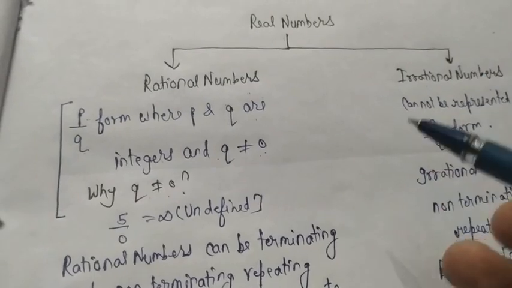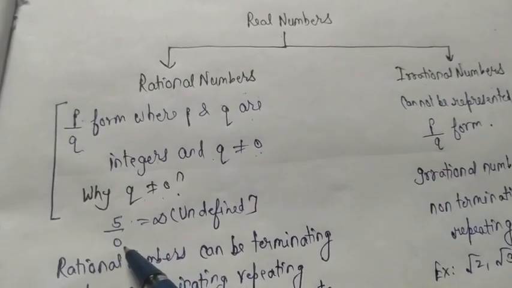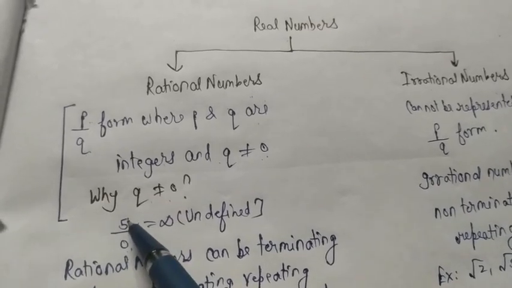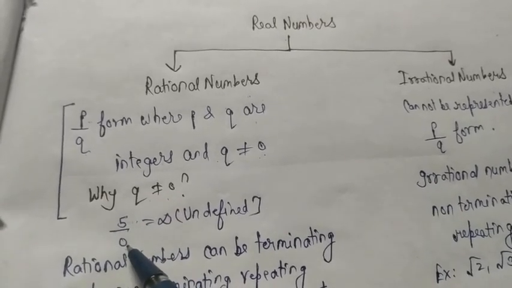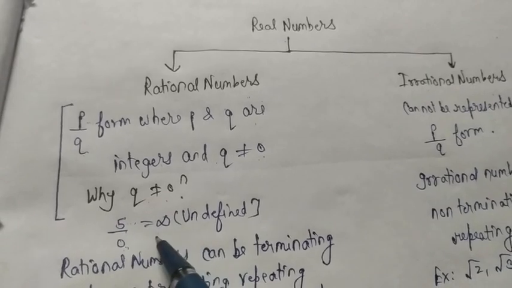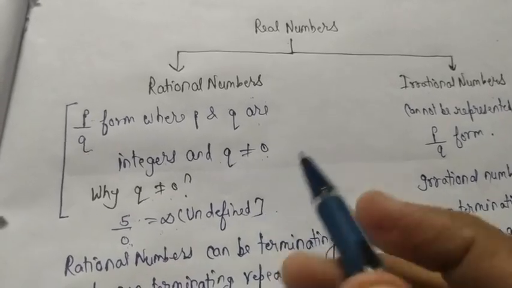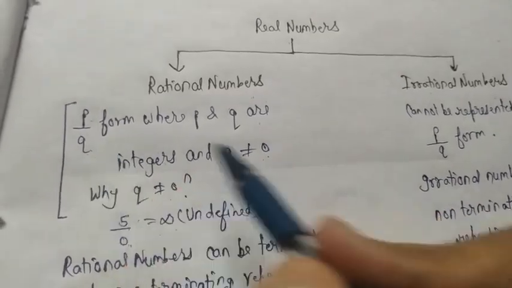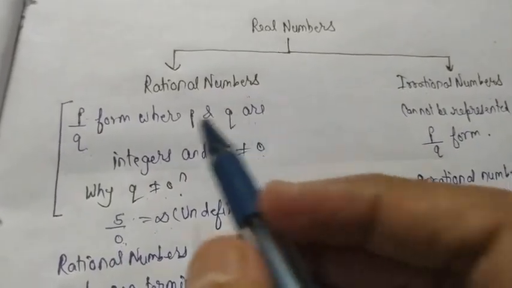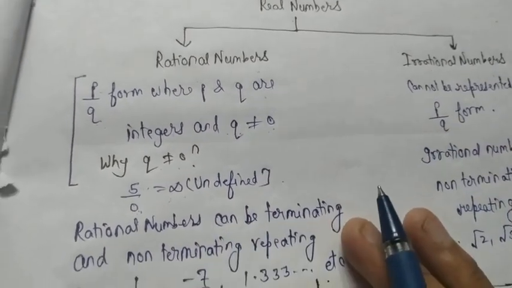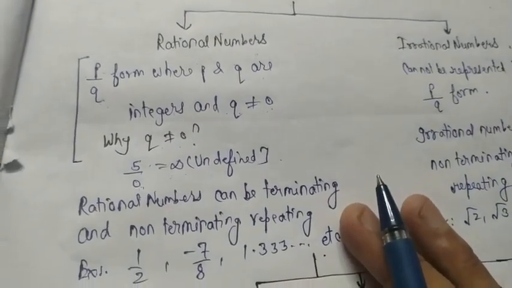See, suppose 5 upon 0. Numerator is 5, denominator is 0. When a number is divided by 0, we get infinite, and that is known as undefined in mathematics. So that's why we cannot say q is equal to 0. In the case of a rational number, q cannot be equal to 0, means the denominator cannot be equal to 0.